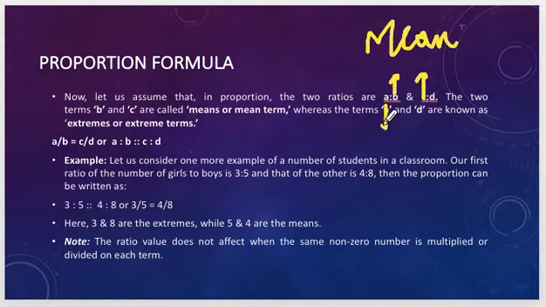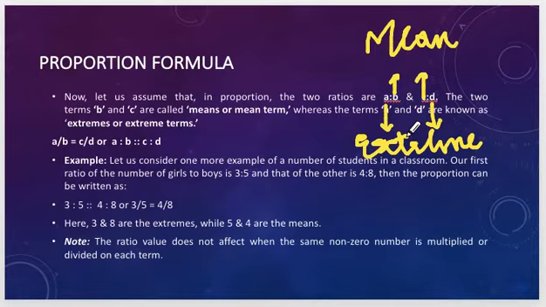And A and D, because they are at the ends, are going to be called extremes. Clear?